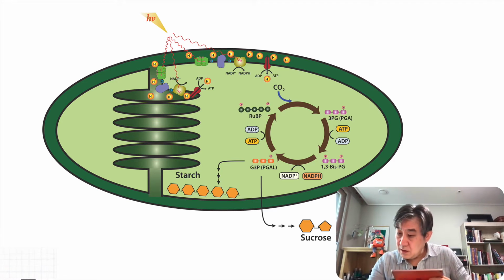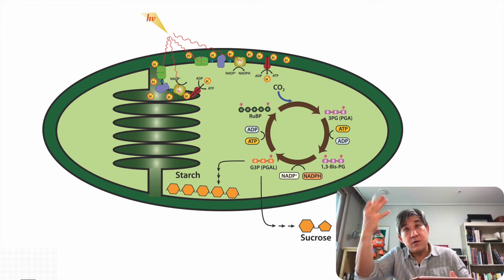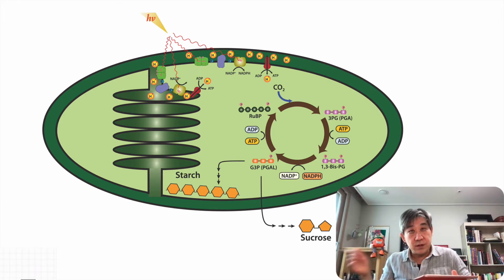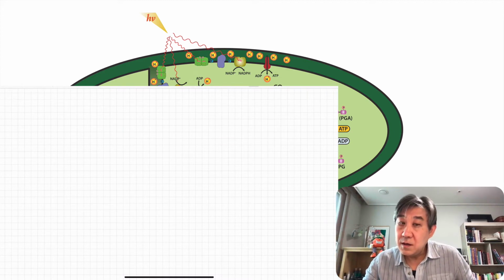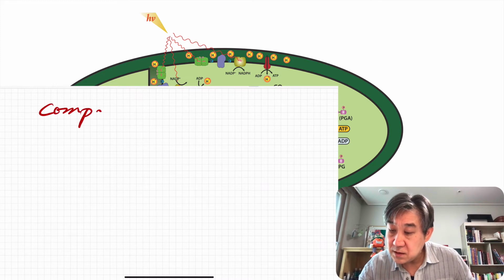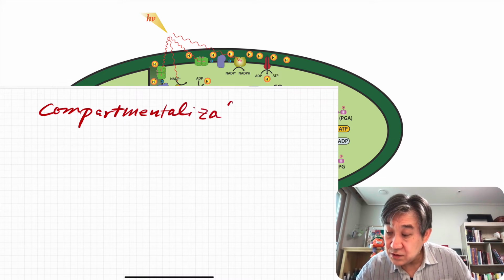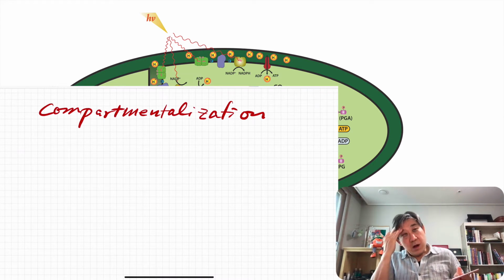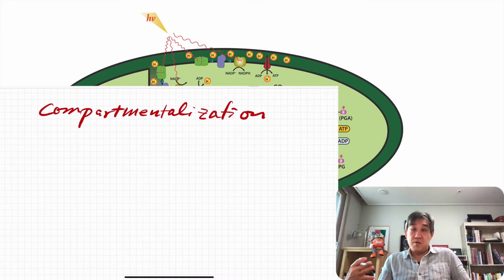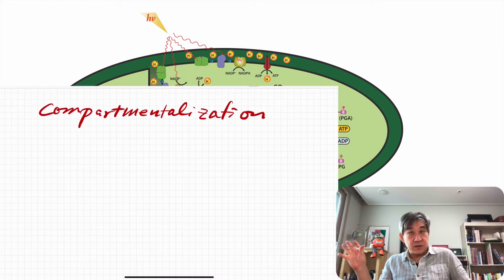By the way, this small space between the outer and inner membrane, in both mitochondria and chloroplast, is a very good example of compartmentalization, so that using a very small area generated by the internal membrane, the organelles and the small spaces generated by such different organelles function in very specific ways.